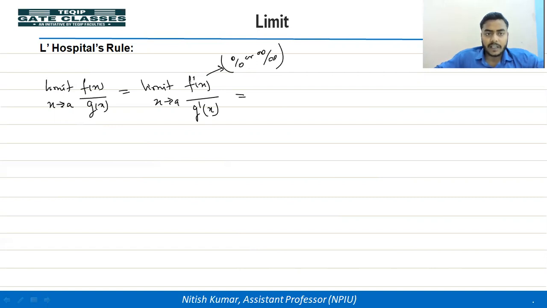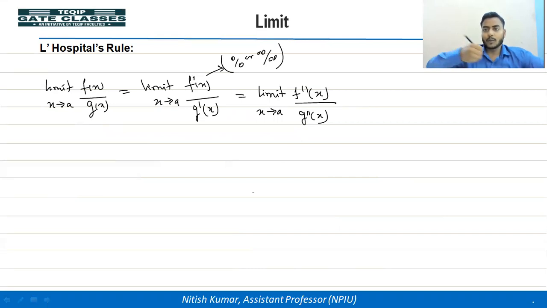In this case, this limit of derivatives will be equal to the limit of their derivatives, meaning 2 times differentiation, and so on. If this form is also 0 by 0 form, then again you have to differentiate. If again we are getting 0 by 0 form or infinity by infinity form, again you differentiate. Okay, let's take a few examples.